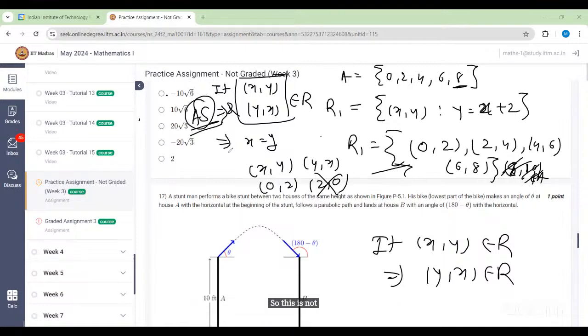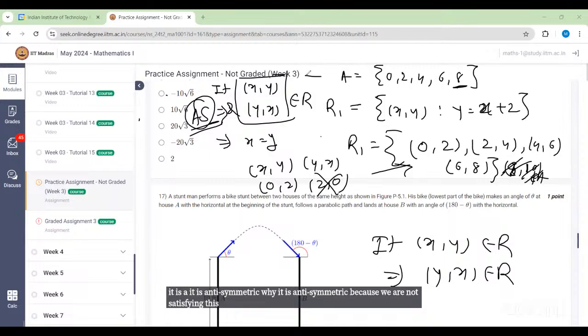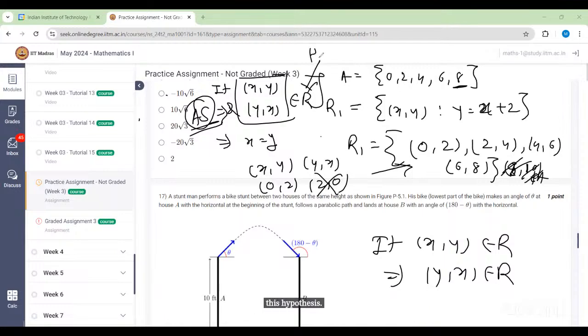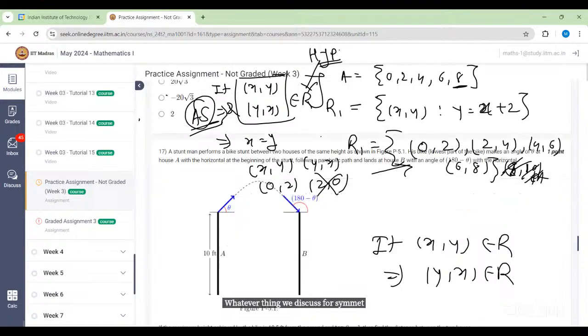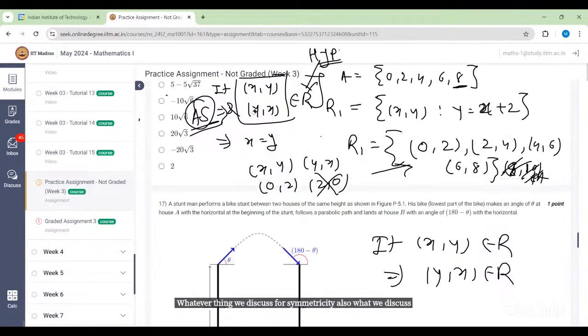It is antisymmetric, because we are not satisfying the hypothesis. We are not getting any pair which can contradict our definition. Whatever we discussed for symmetricity, the opposite of the same thing is applicable.